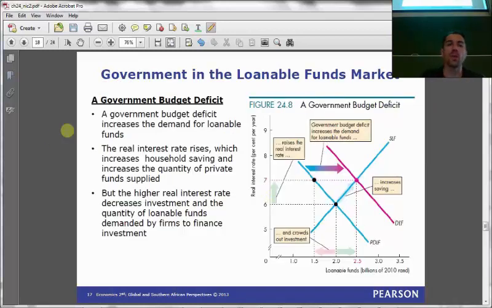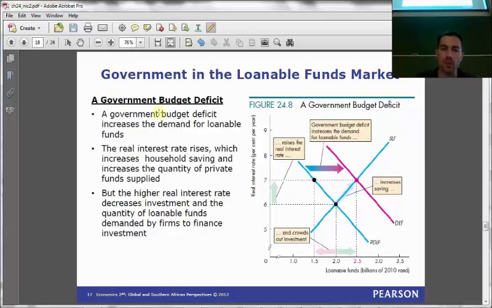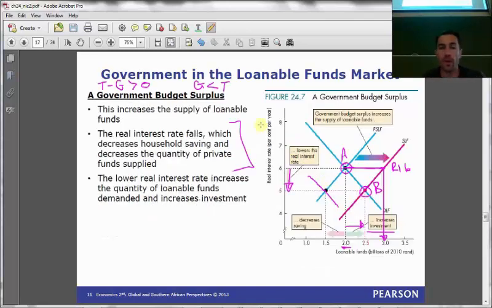Or we can describe a government budget deficit as a shift to the right in the demand curve and a government budget surplus as a shift to the left in the demand curve. You with me? So whether it's a surplus or a deficit just means the opposite movement in one of those curves. They've chosen to describe a government deficit as a movement in demand, whereas a government surplus, they're showing it as a movement in supply. I'm not sure why, but that's what they've decided to do.